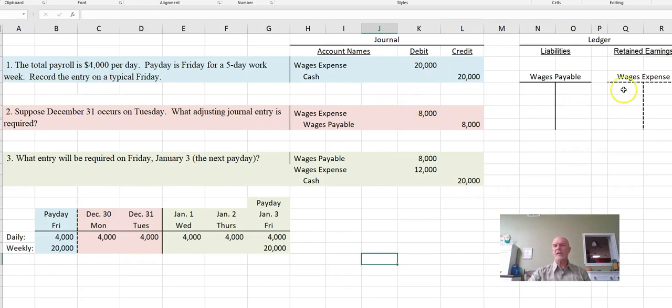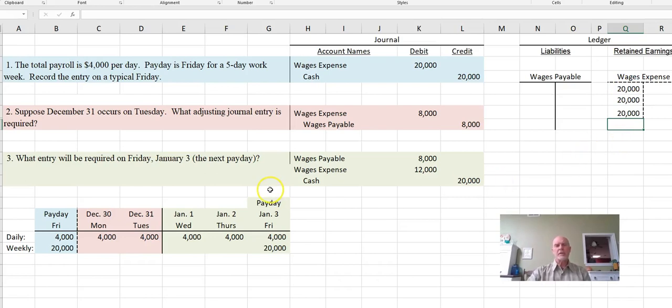So every Friday, we would be debiting wages expense for $20,000. Let me put 3 of them in there. So that happens every Friday. And of course, we would have a whole bunch of Fridays throughout the year. So we would have quite a few debits building up in that account. But I'm just going to put 3 for example purposes.